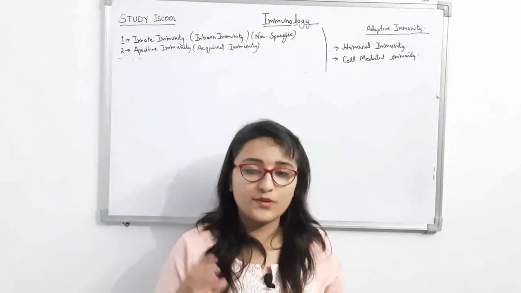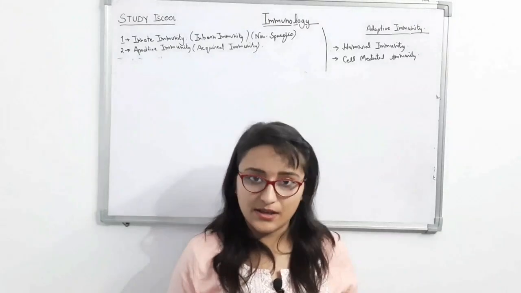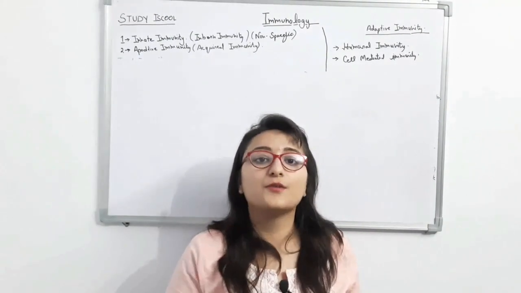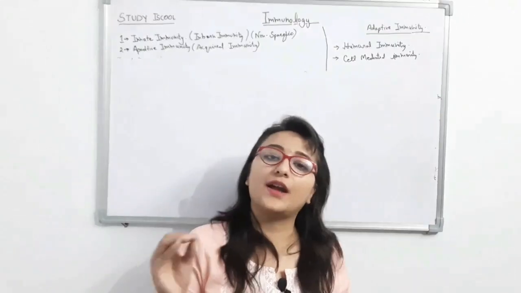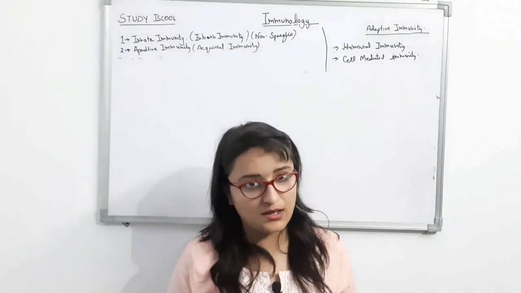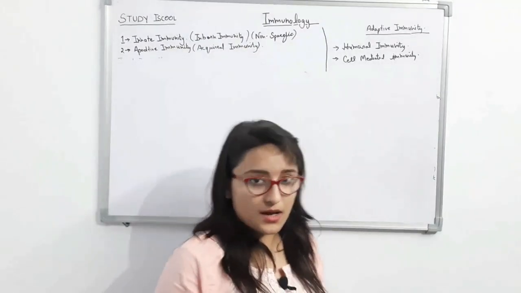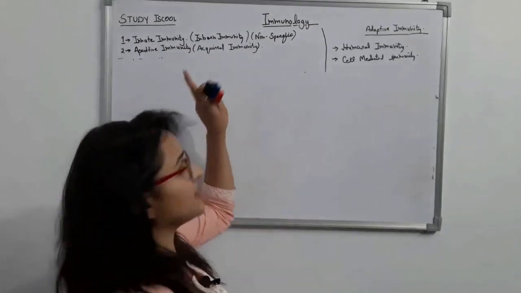Now I am going to represent it diagrammatically. What happens when any invader invades our body? The first time encounter of any pathogen inside our body. So first I am going to explain innate immunity.